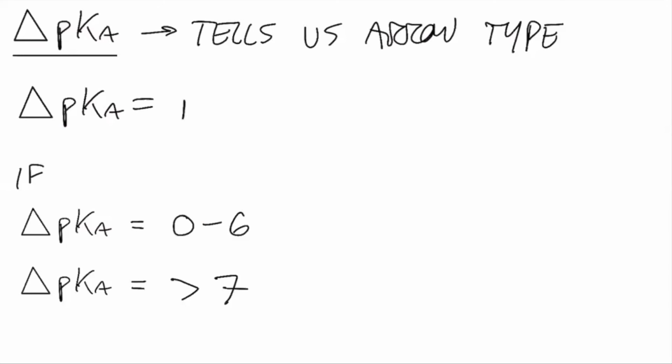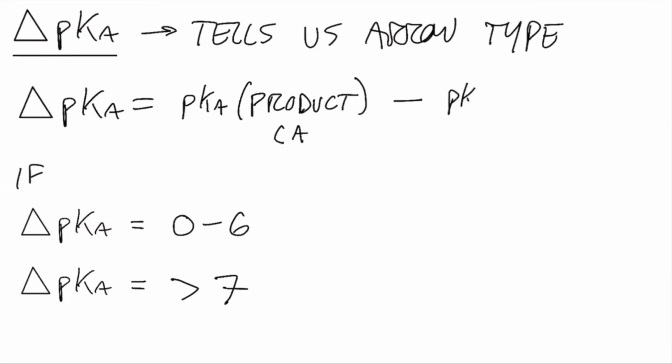So we are going to take the pKa value of our product, in the case of acid-base reactions the conjugate acid, subtracting the pKa of our reactant, or the original acid that we started with. So that's pretty simple. You just subtract the two.